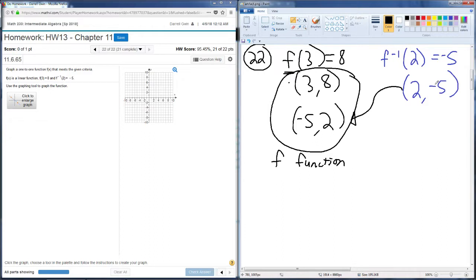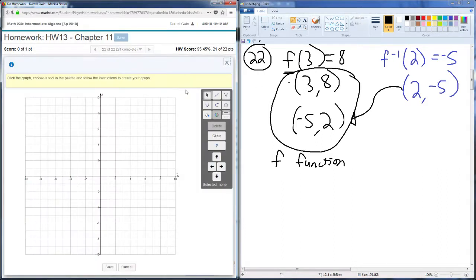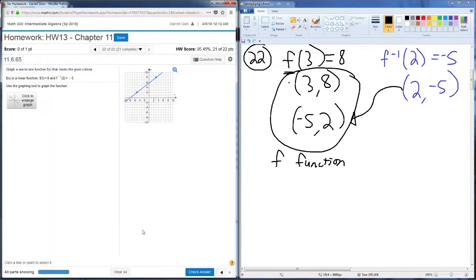That's why I reversed the inverse to get to the normal function. Let's plot those points. Zoom in, line tool, put a dot on 3 to the right, 8 up, and put a dot on -5 left, and 2 up. Boom. Save. Check answer. Good job.